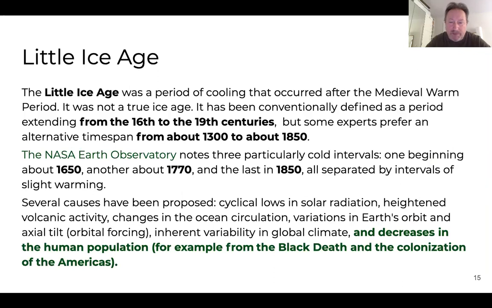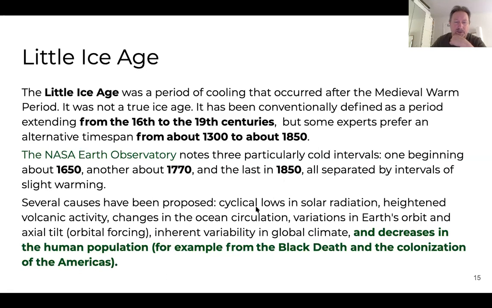It has been conventionally defined as a period extended from the 16th to 19th centuries, but some experts prefer an alternative time span from about 1300 to about 1850. The NASA Earth Observatory notes 3 particularly cold intervals, one beginning about this year and another here, the last here.